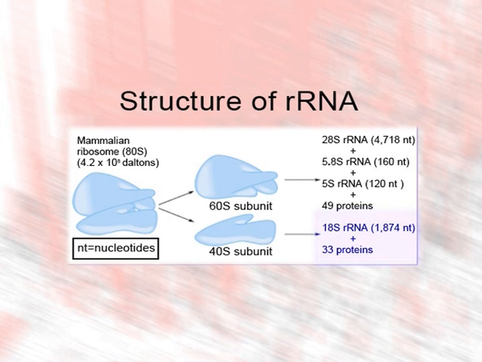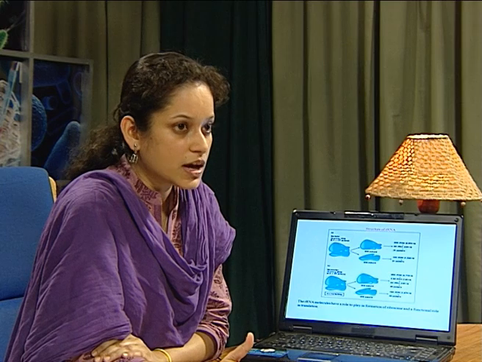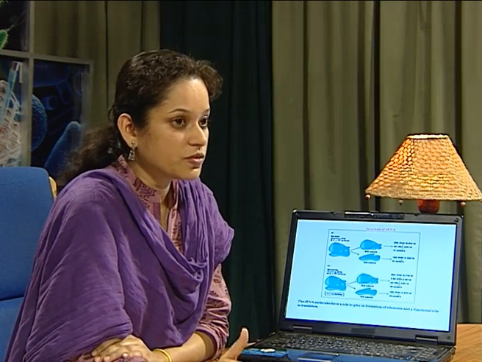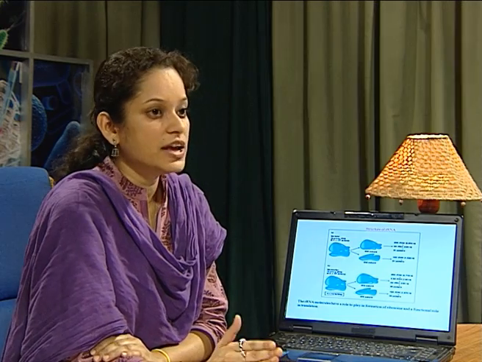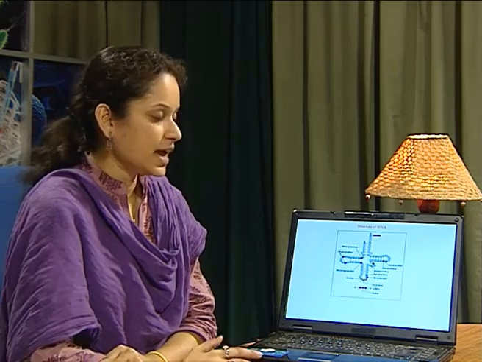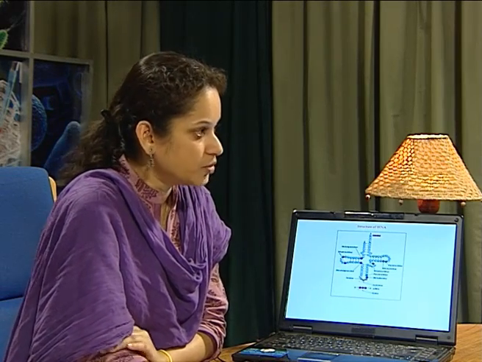So all this rRNA helps in performing a wide variety of functions which help them perform translation very efficiently. Now let us move to the third type, which is common to both, that is the tRNA.